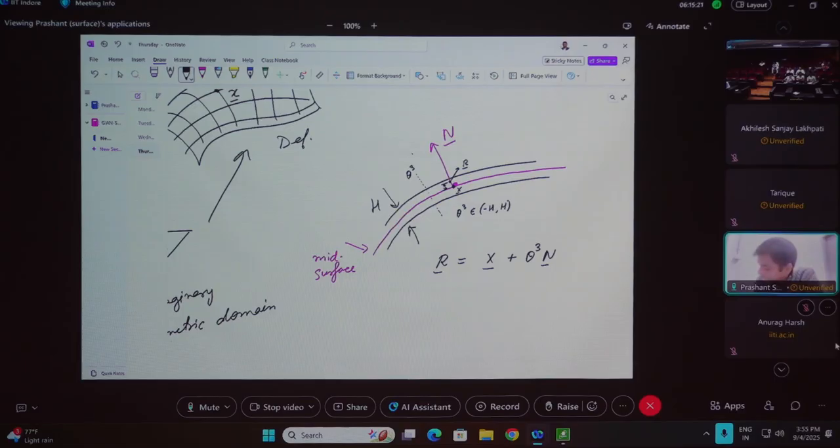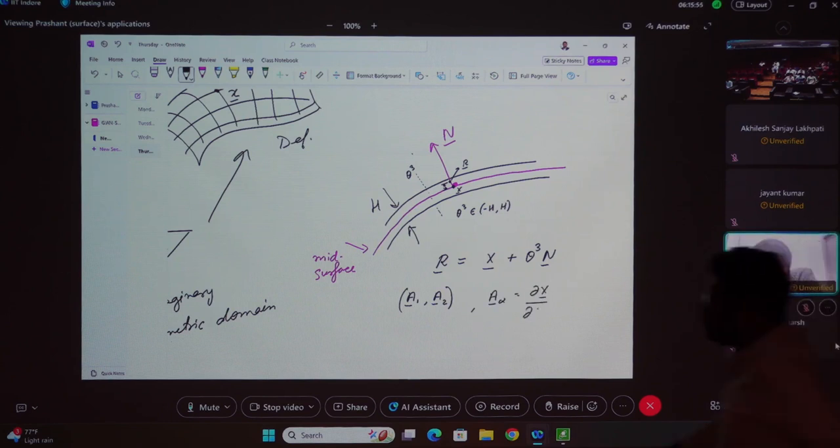And then this normal vector, and remember while we were dealing with the membrane, we defined metric vectors and metric tensors. You do the same thing here. So you say, okay, let me define the vectors A1 and A2. We always call them A alpha, which is del x by del theta alpha.